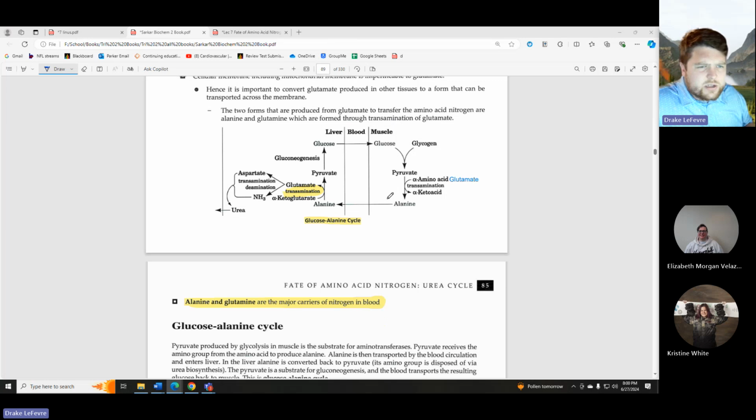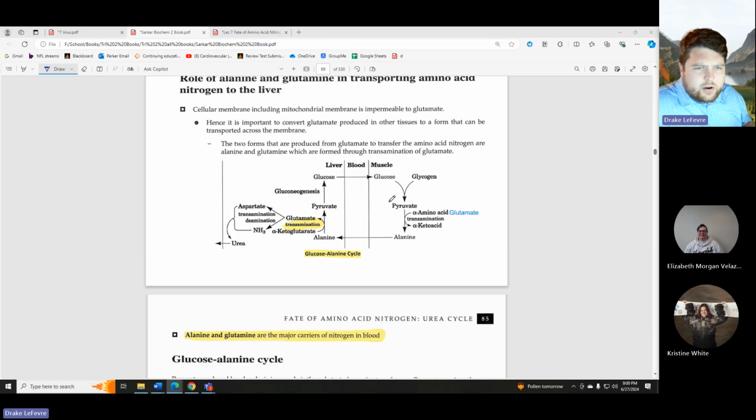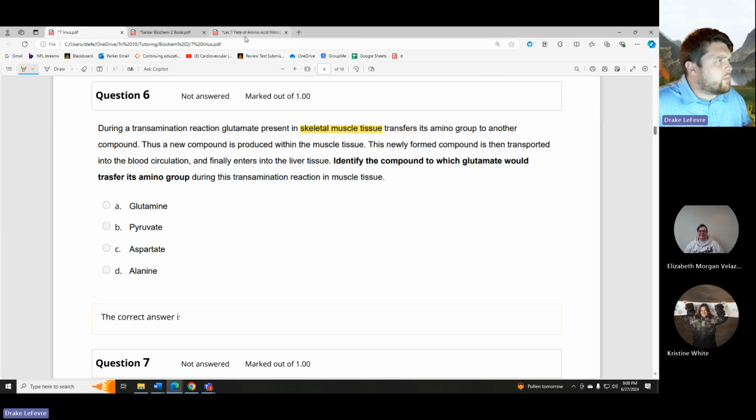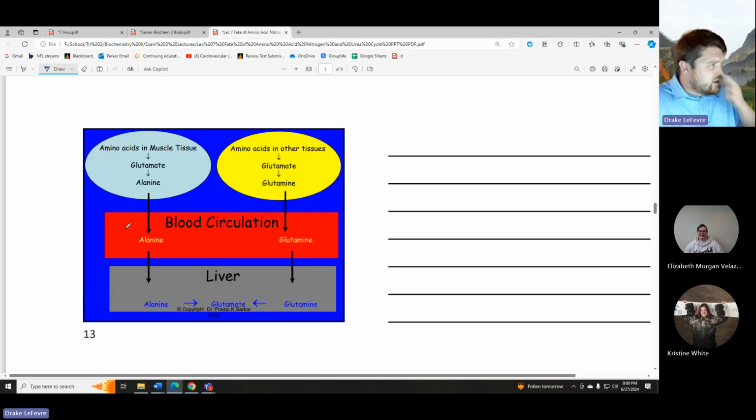I think this question is worded a little bit incorrectly. We'll look at the whole process. So essentially, what you want to know.